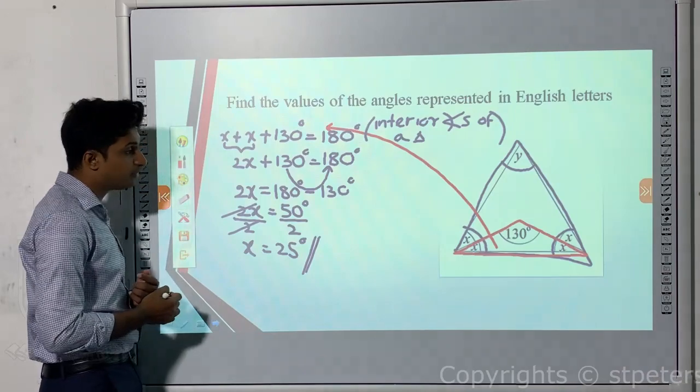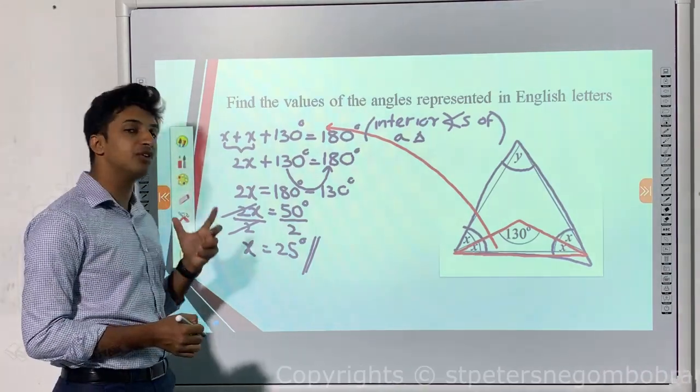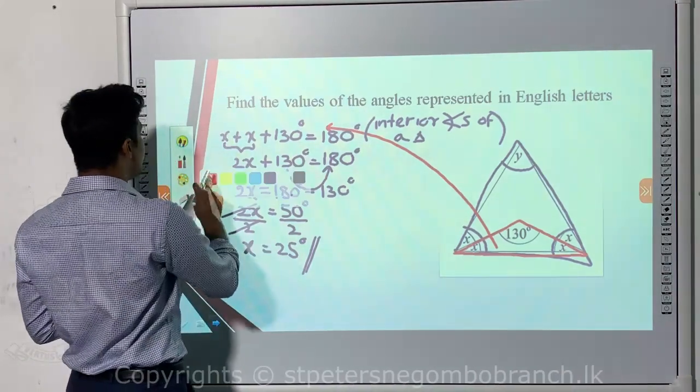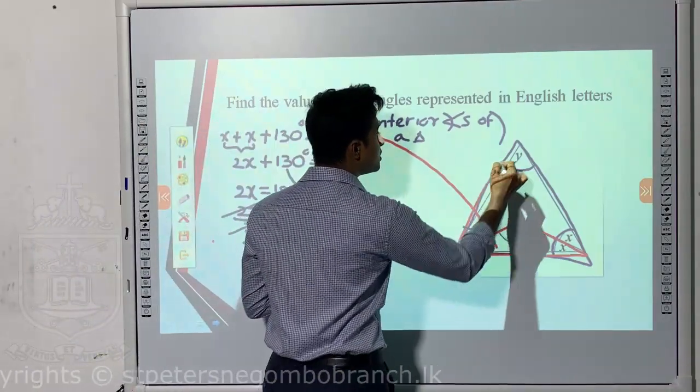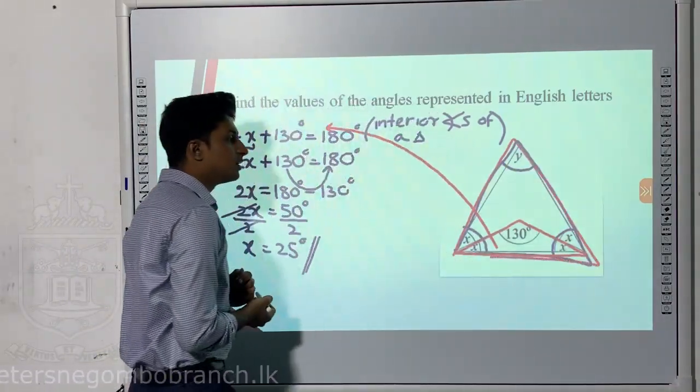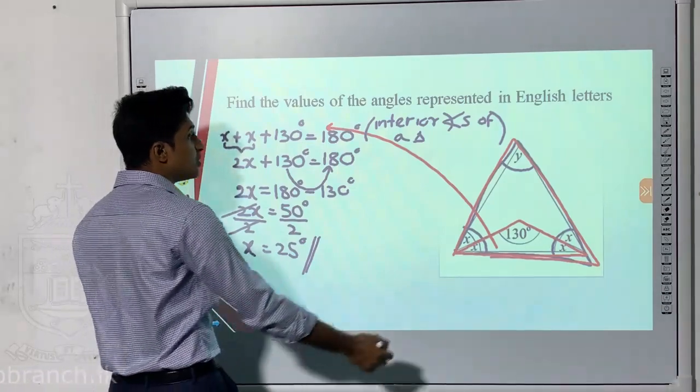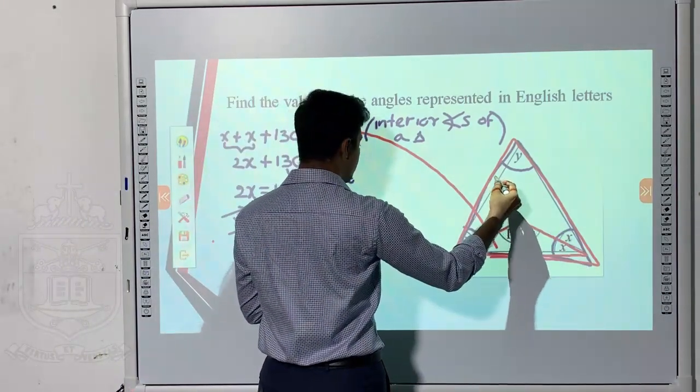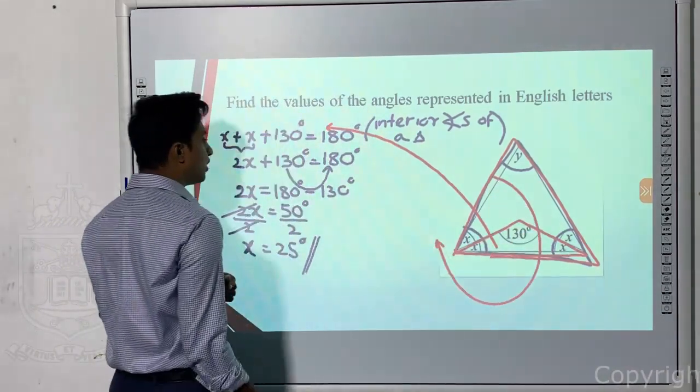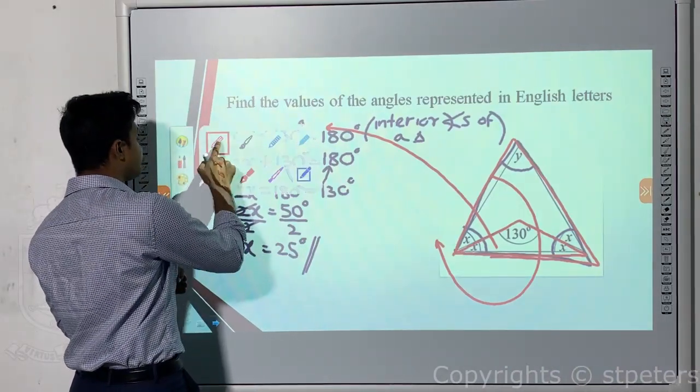So x you have already found. Now you know the value of x. Now you can use the entire triangle, the complete triangle, and find the value of y.